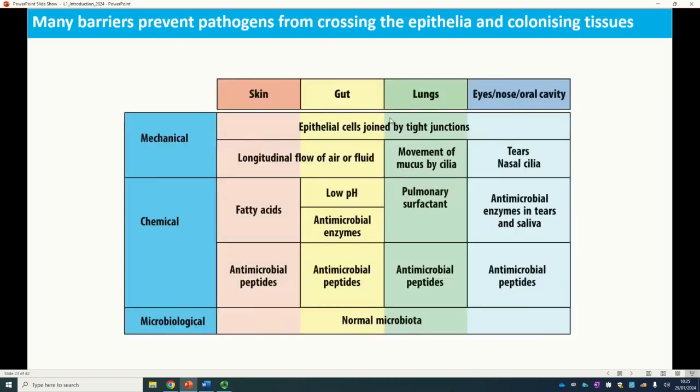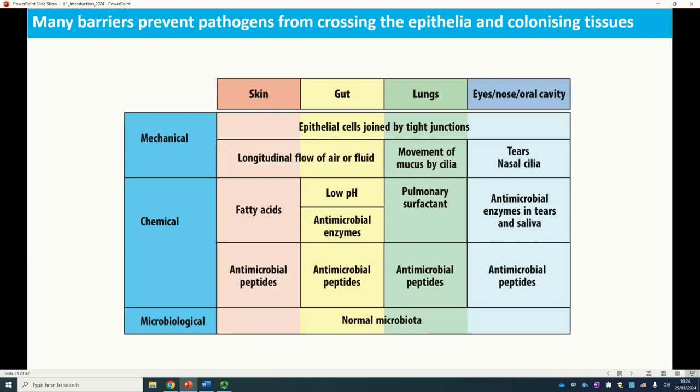And then this is just showing it in a little bit more detail. We're looking here at the skin, the gut, the lungs, and then the eye, nose, and mouth. And we can divide it into mechanical, chemical, and microbiological. If you think about mechanical, for instance, in the skin and the gut, we have this flow of air or fluid which is helping to remove any pathogens.